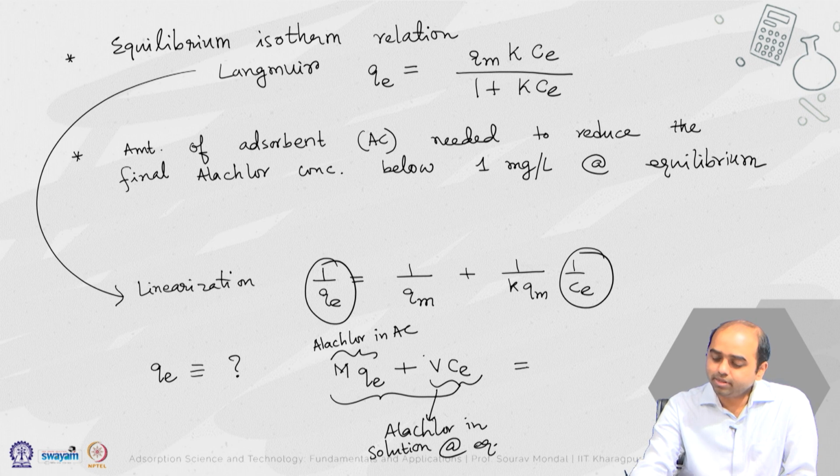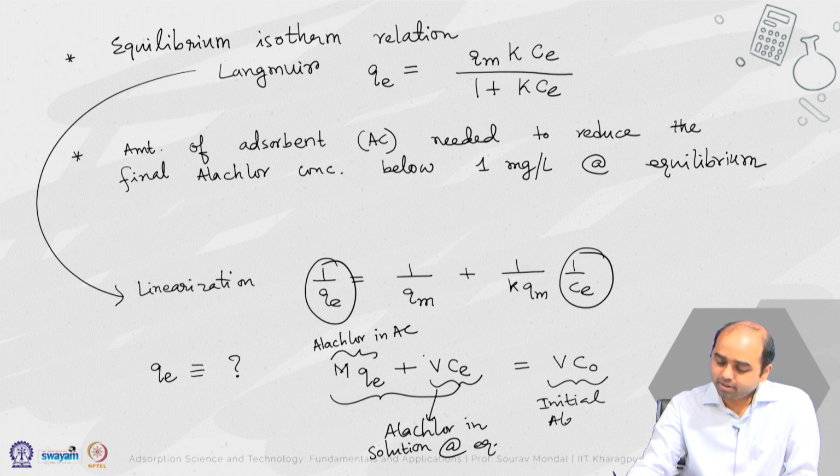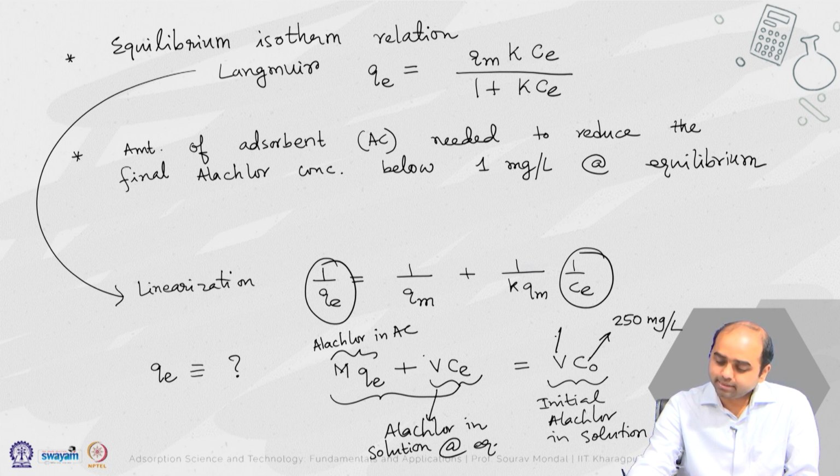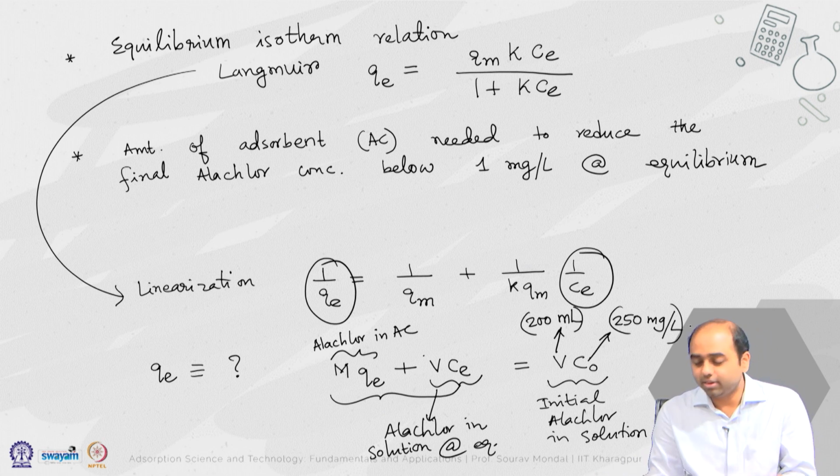This would be equal to the initial amount of Alachlor in solution. The volume V is 200 milliliters and C0 is 250 milligrams per liter, so this is constant for all the cases.